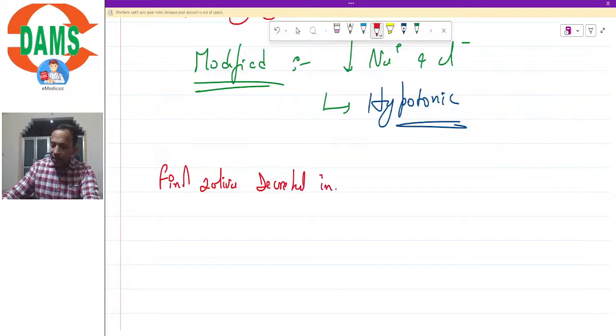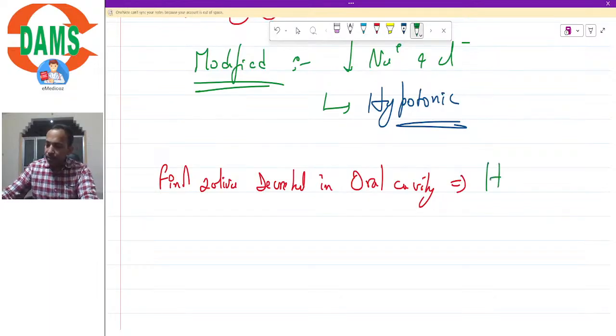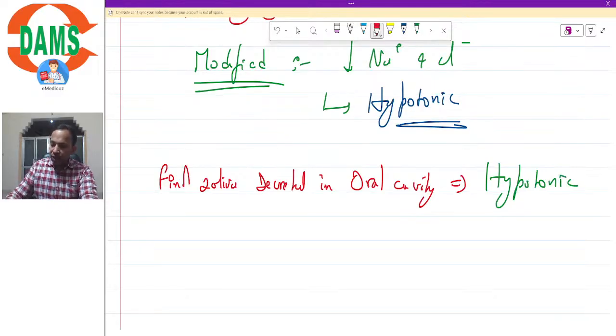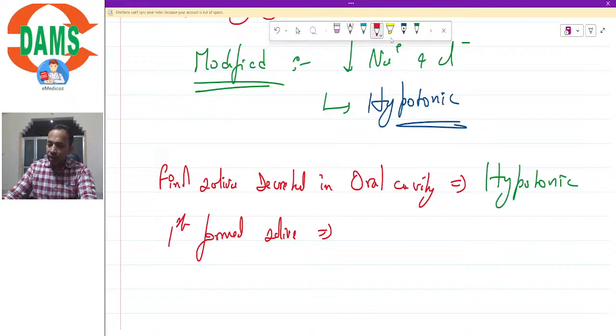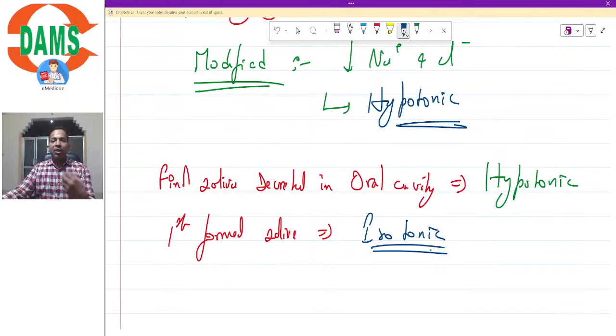And the first formed saliva, the saliva formed in the lumen of the secretory unit, is isotonic. Clear? So the saliva in the oral cavity is hypotonic. The saliva that forms in the secretory unit is isotonic.